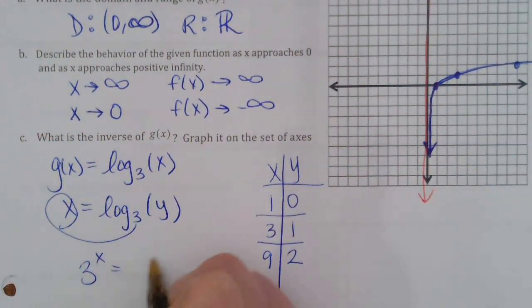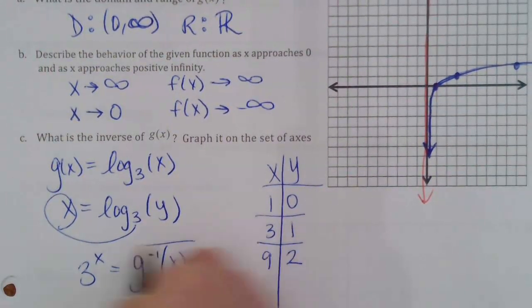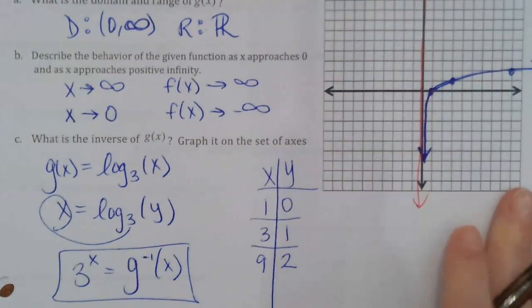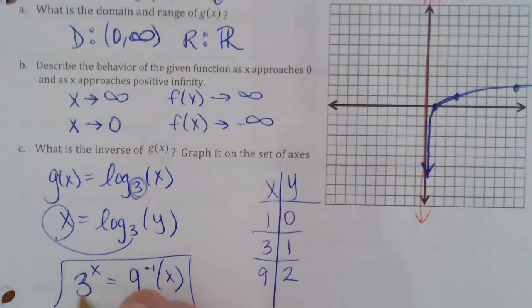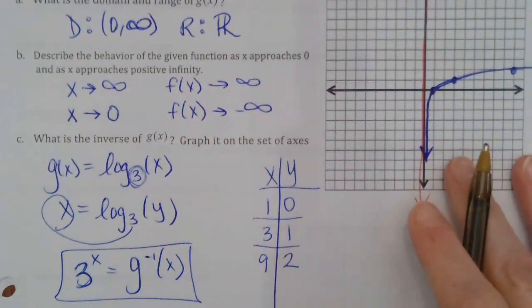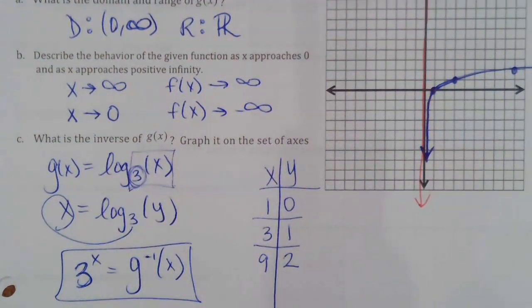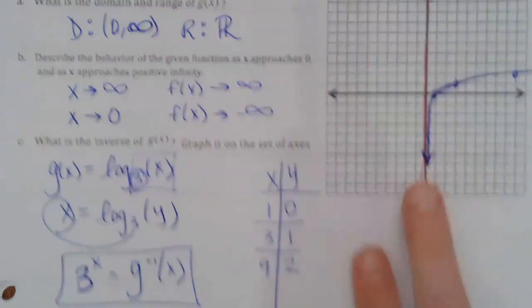And if you're getting the hang of that and starting to see a pattern: whatever the bottom number of my log is, this 3, that's the same as the bottom number of my exponential. Just an FYI.